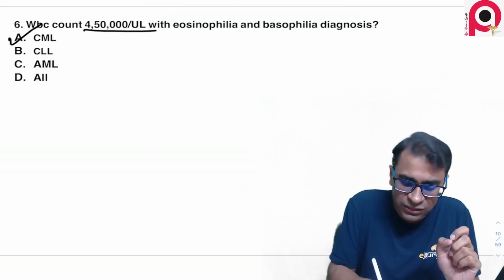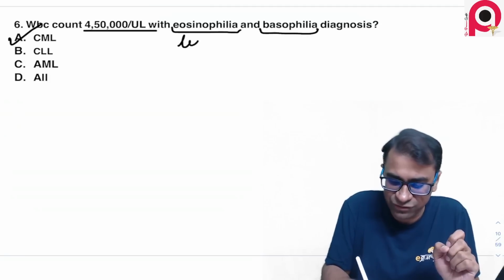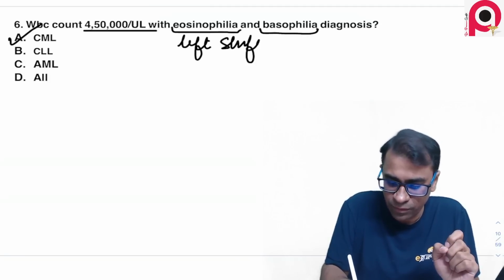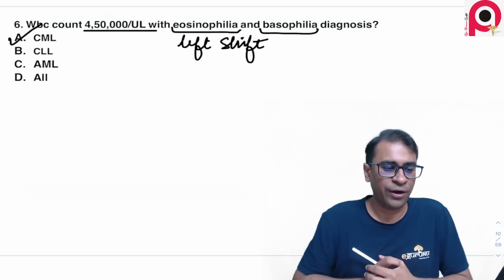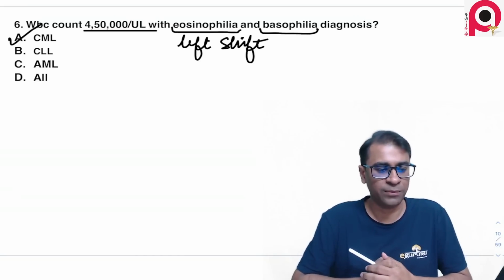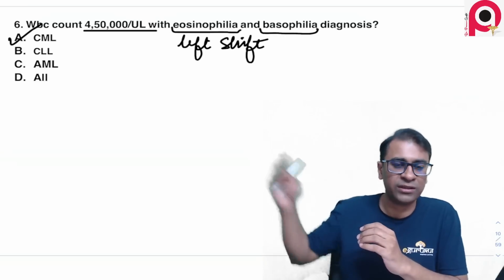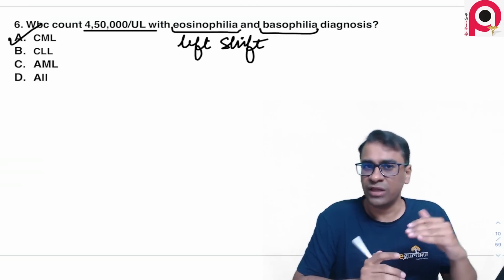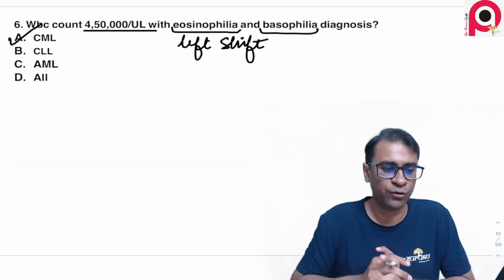So if you have such a high TLC with eosinophilia and basophilia with left shift, this could become a case of chronic myeloid leukemia. So the history said basophilia and eosinophilia was given. I think this is one other question which we are confusing with another question. This answer surely becomes chronic myeloid leukemia.